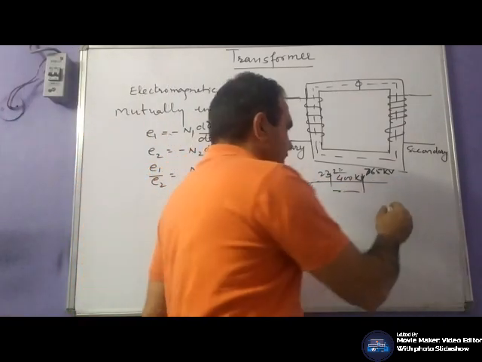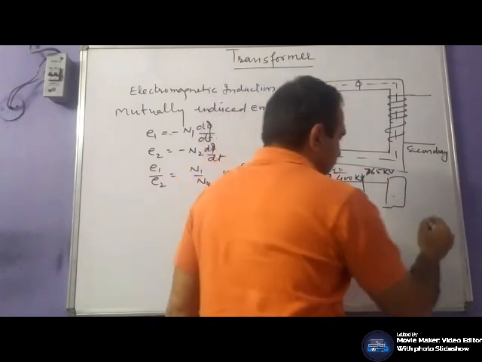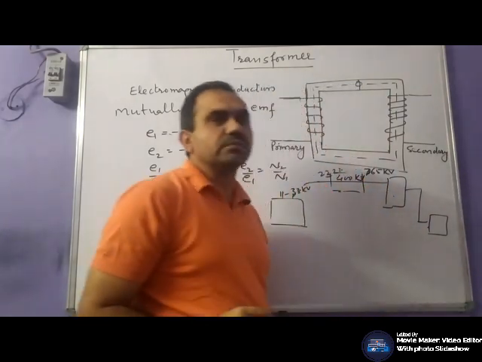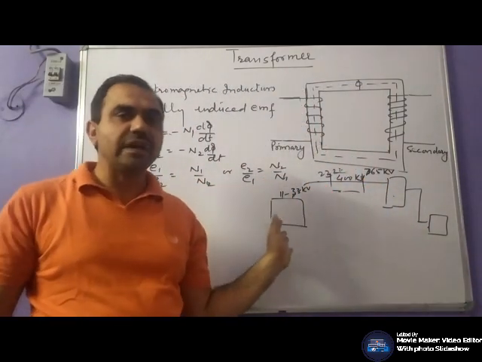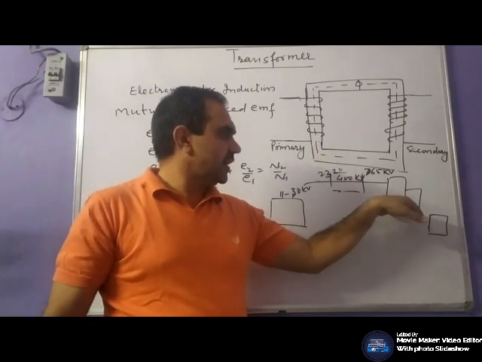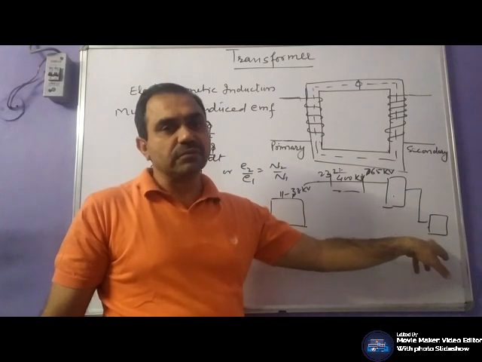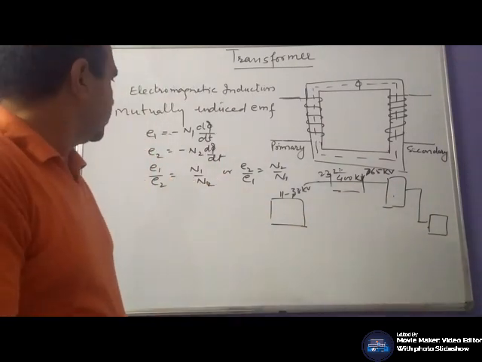Then again we step down at the substation, again we step down at the distribution station. So here we step up, so we will require a step up transformer. Here we will require a step down transformer, a further step down transformer, and then supply is distributed to the load.